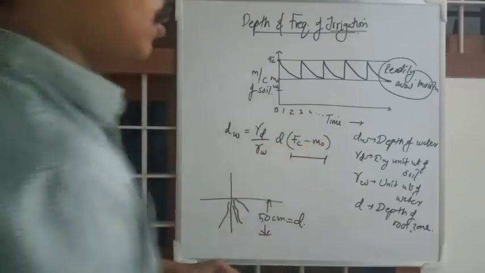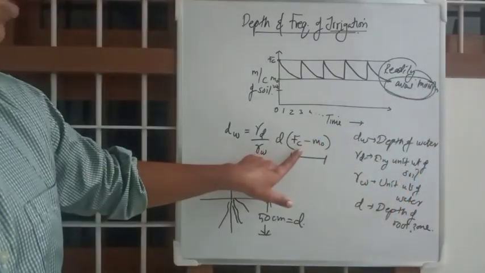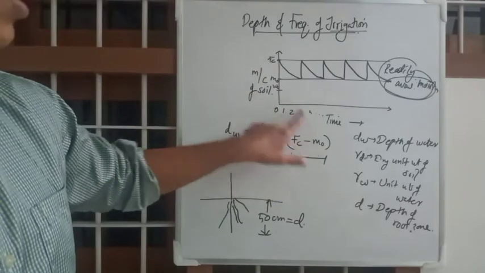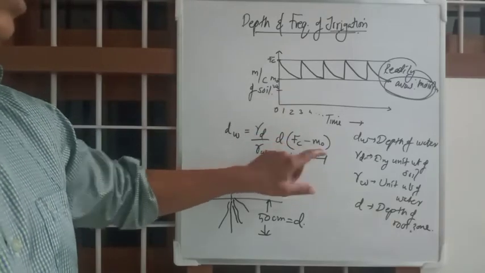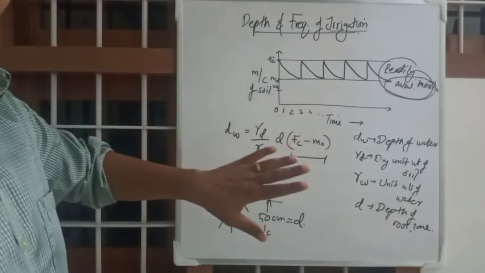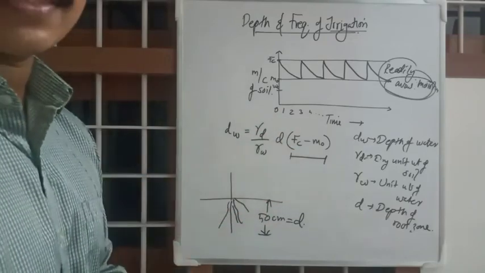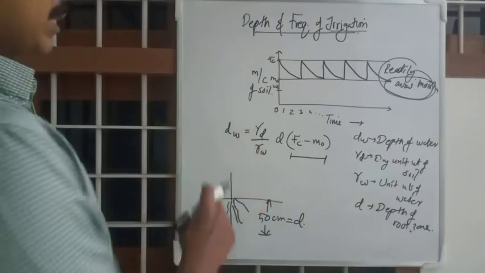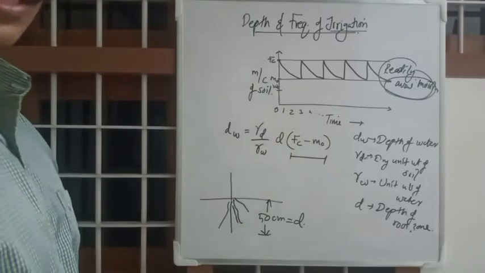If the question is only on available moisture, the upper limit will be FC as always, minus WC instead of M0. So the concept should be clear. This portion will change according to the question in your numerical problem. Keep in mind the formula gamma D by gamma W into D into (FC minus M0).